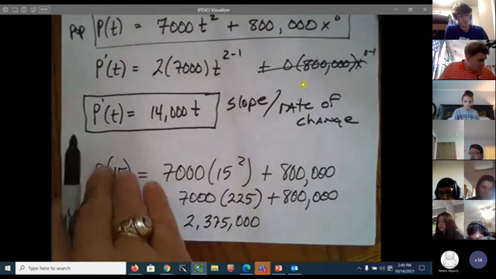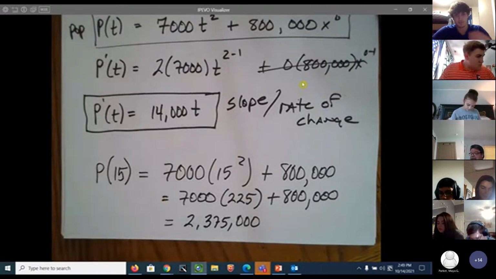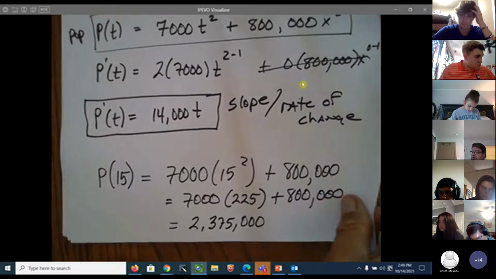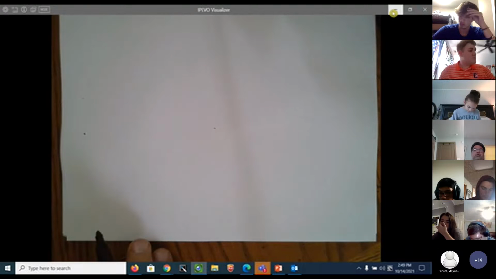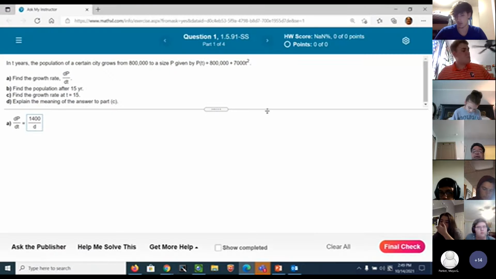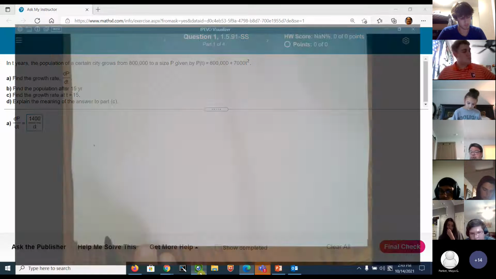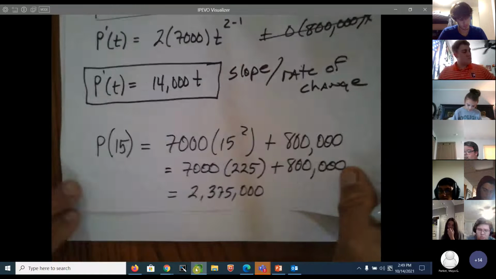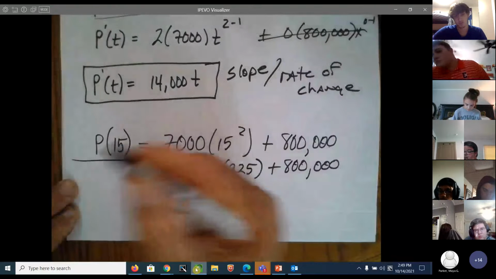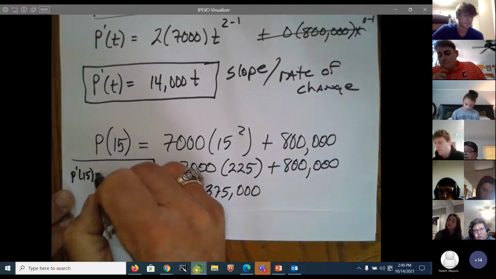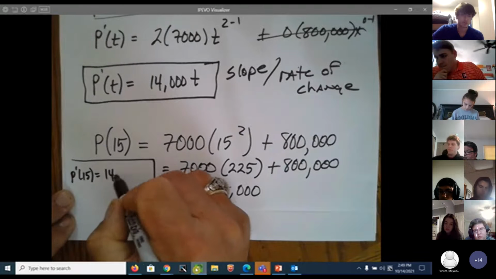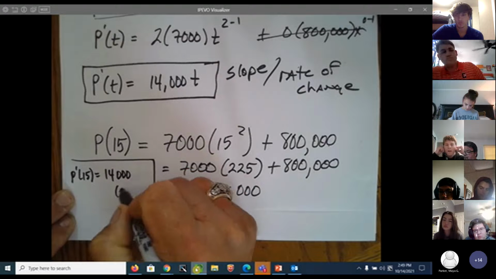Now they want to know the growth rate at, I don't know, 15. Let me make sure, because I don't want to assume anything on these. Yeah, 15. So we plug that in: P prime of 15 is equal to 14,000 times 15.